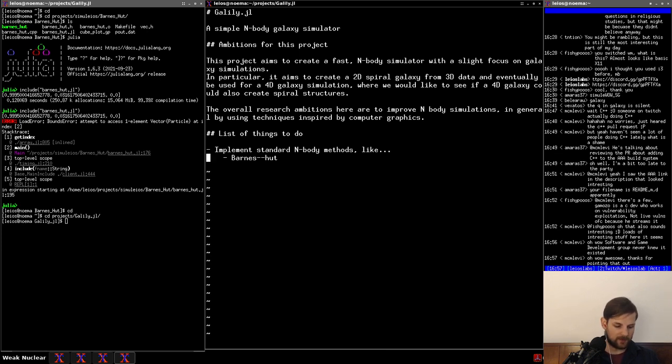Well, actually, we should probably start with n-body. So we're going to do n-body. We'll say vanilla n-body, maybe. Right. N-body. Barnes-Hut. Now the question is, do we actually need to do standard n-body methods on the CPU? Maybe. Probably what we want is standard via kernel abstractions.